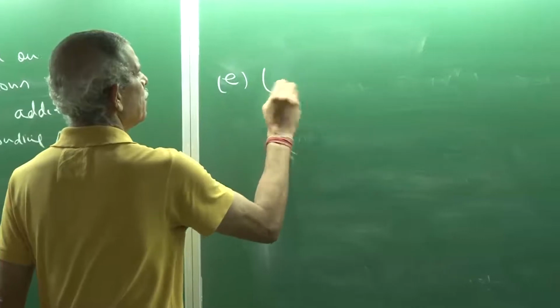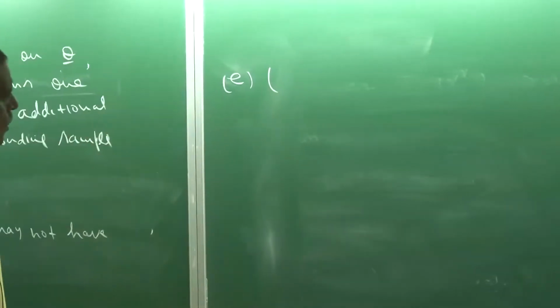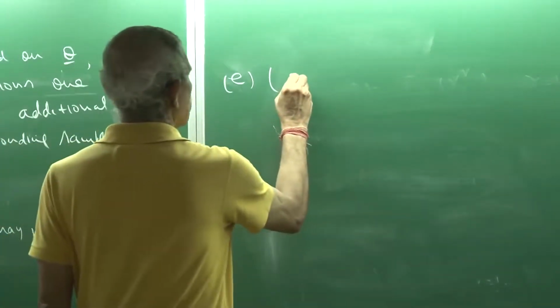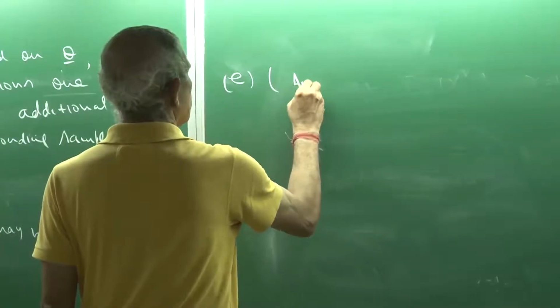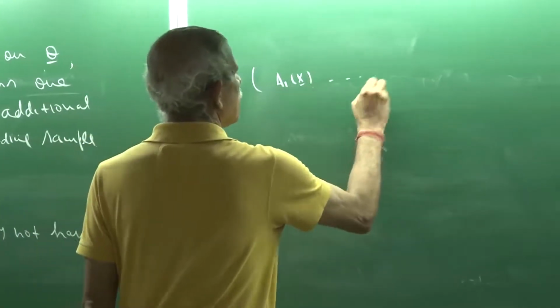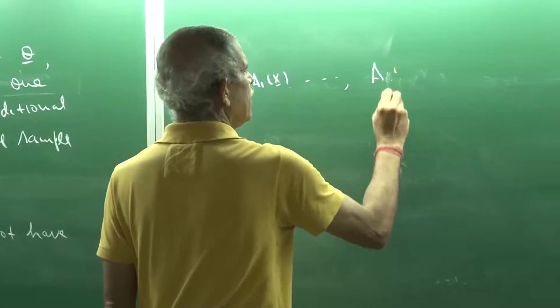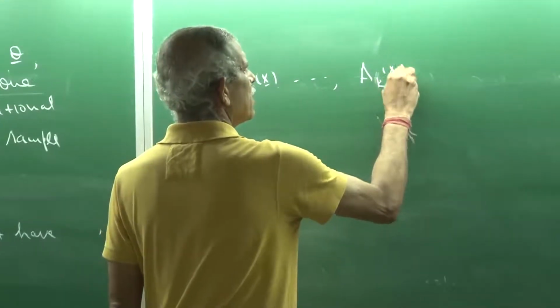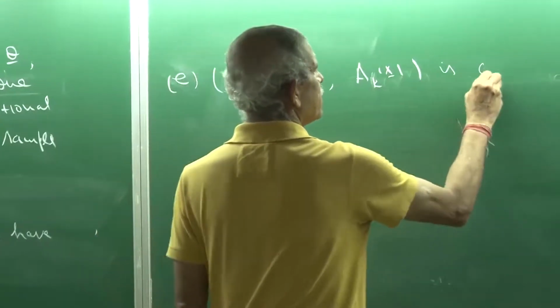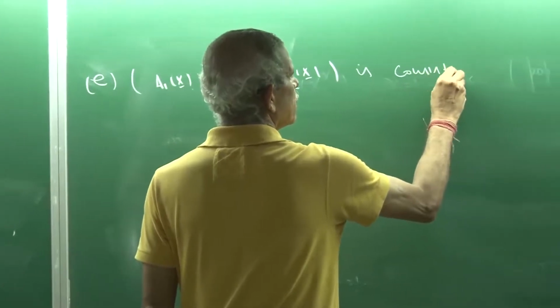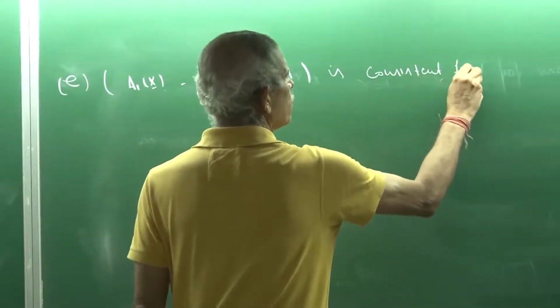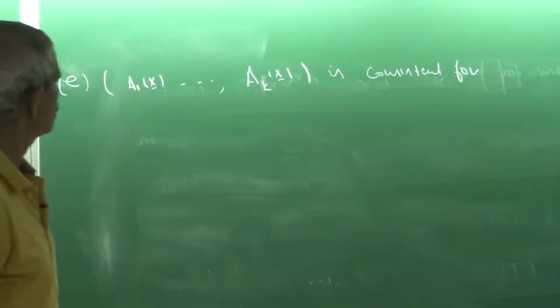So A1(X), A2(X), and Ak(X) is consistent for M1(theta), and so on.